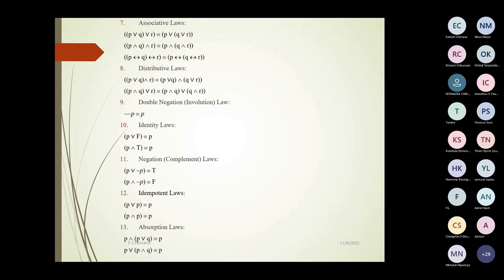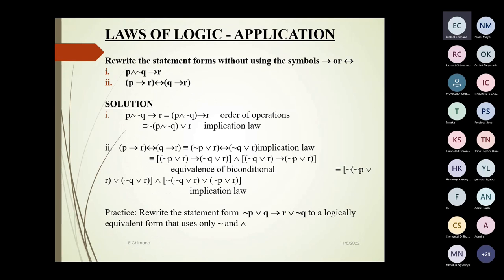You'll see them when you are doing discrete mathematics, and you'll say, our lecturer actually taught us these laws, because we will not teach you again on these laws. So there are the associative laws, the distributive laws, double negation, the identity laws, negation or the complement laws, the idempotent laws, absorption laws. You need to go through them.